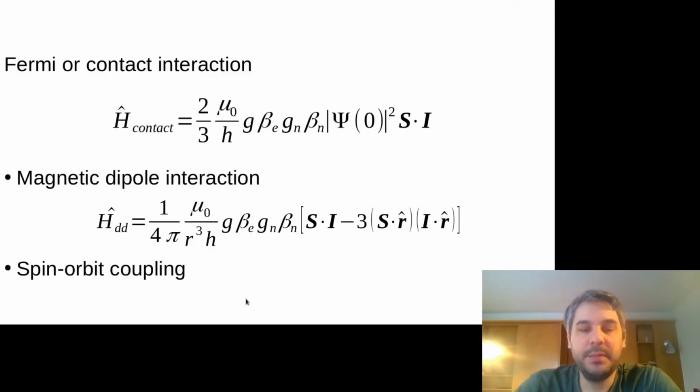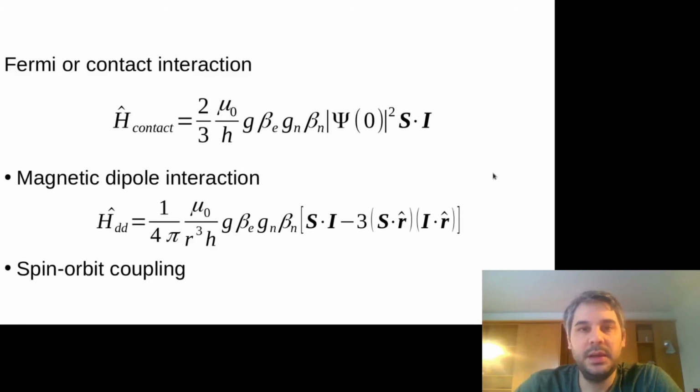The spin-orbit coupling is an interaction between the nuclear magnetic moment and the orbital magnetic moment that many electrons have. But we are not going to discuss that right now. This is a more advanced subject. In principle, the hyperfine splitting is anisotropic because of the dipole interaction and also because of the spin-orbit coupling.